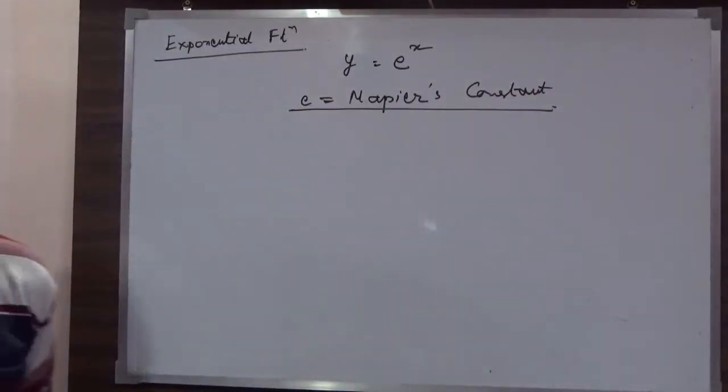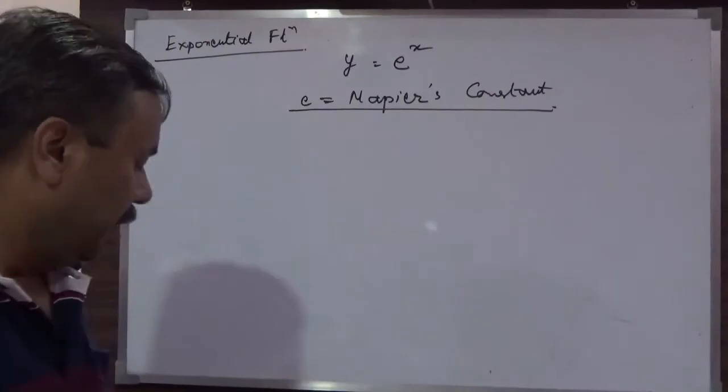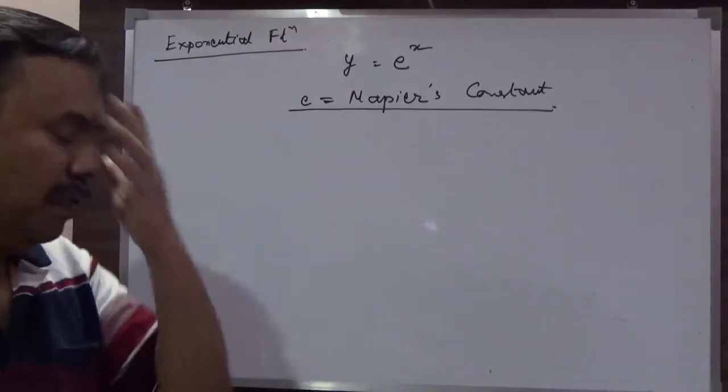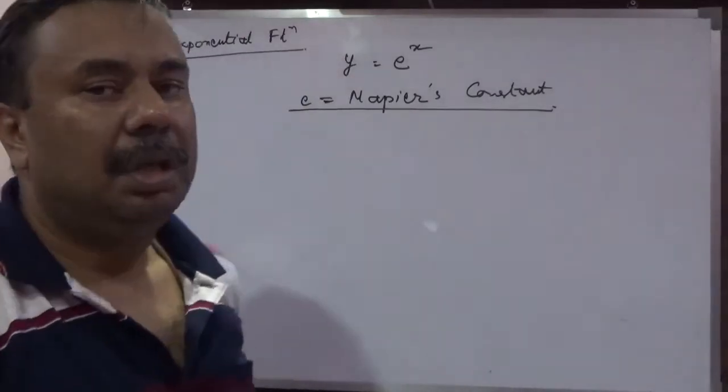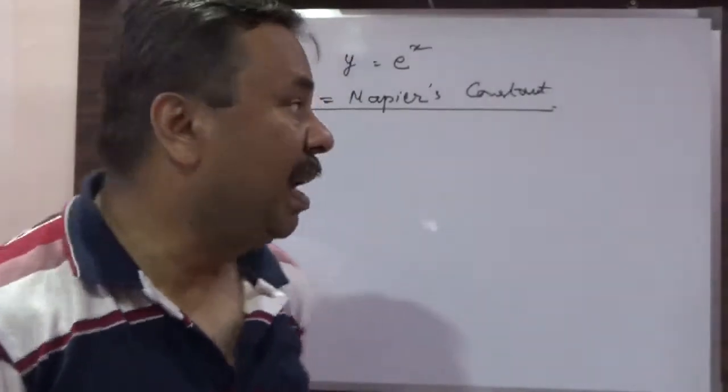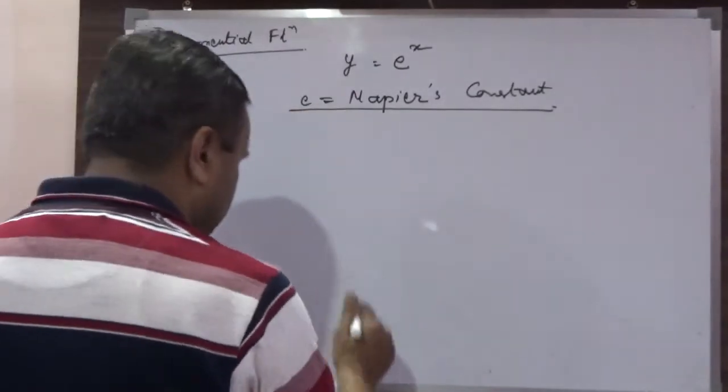E is called the Napier's constant. Now for finding the differential coefficient, or differentiating this, I shall use the expansion of e raised to the power x.